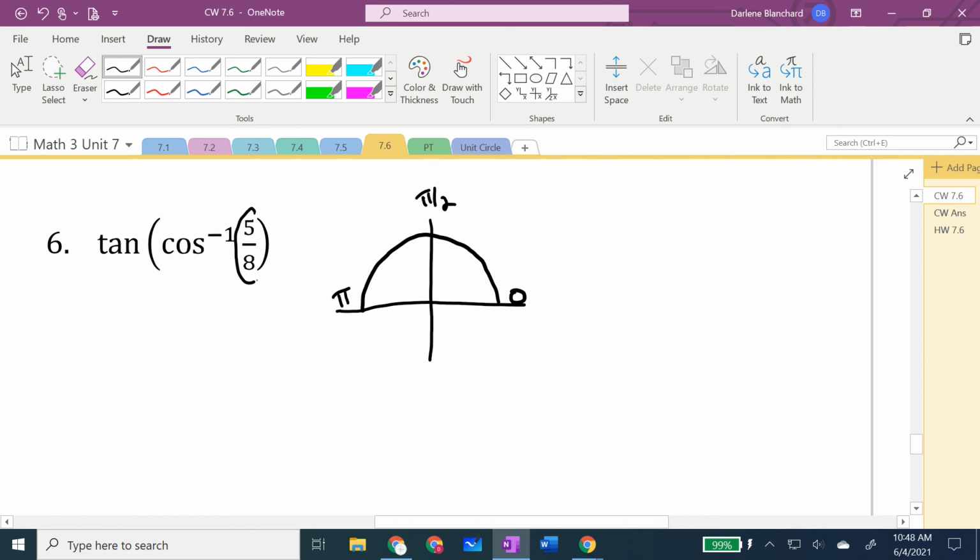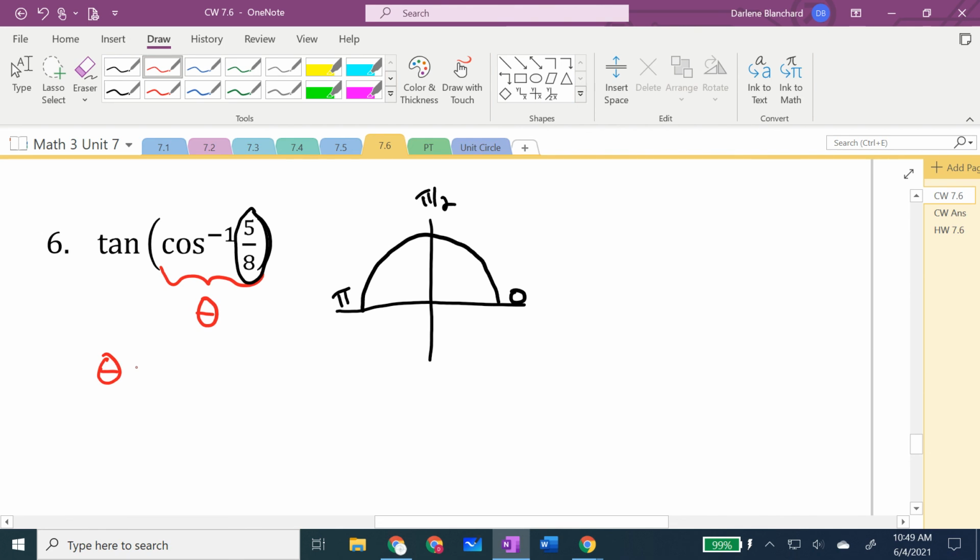I have a positive number going into my cosine, and I'm going to stay away from making these problems too complicated, so I'm not going to be throwing negative numbers at you. But with cosine being positive, with the ratio that is going in it, I want to say again, the answer to an inverse trig function is an angle.